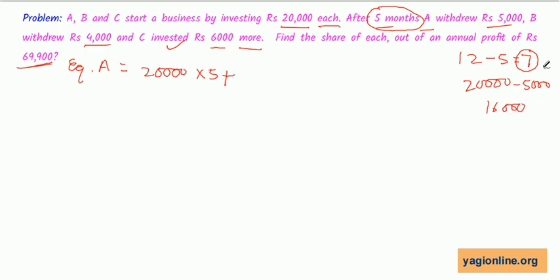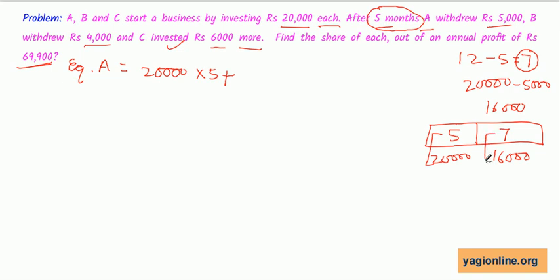16,000 is for how much time? 7 months. So you can see here, if it is 12 months, for 5 months A invested 20,000. For the remaining 7 months, his investment was 16,000 only. So the equivalent investment will be found by 5 into 20,000 plus 7 into 16,000.